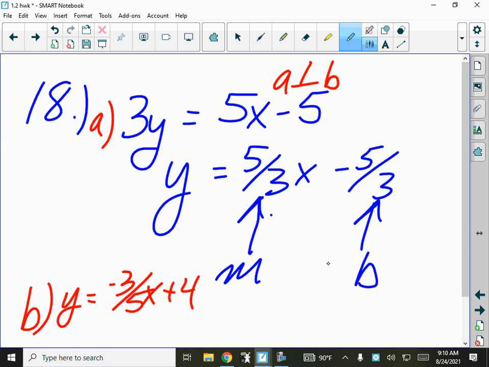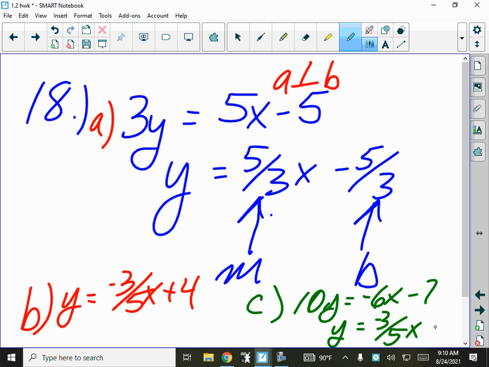Okay, then there's an equation C here, and C is 10y equals negative 6x minus 7. Divide, that's what? Negative 3/5 x minus 7/10, but I don't care about the 7/10. So then that means that A is perpendicular to C, right?